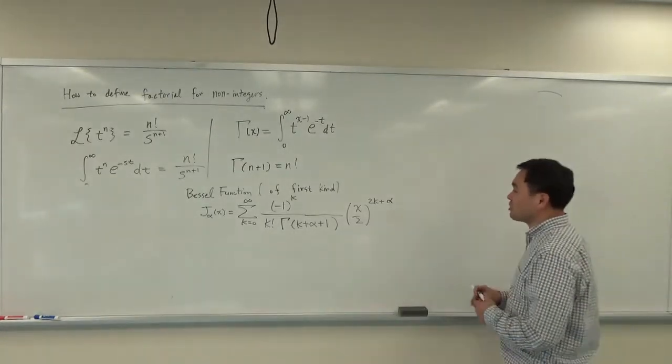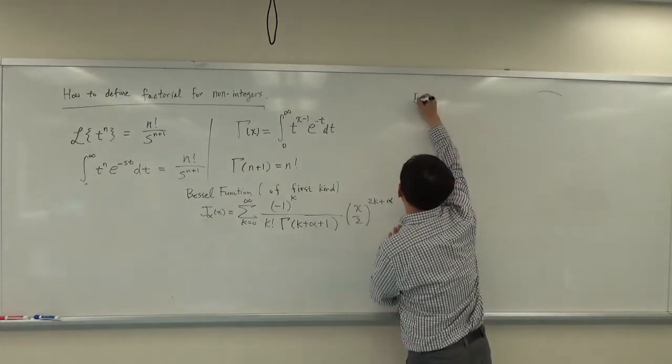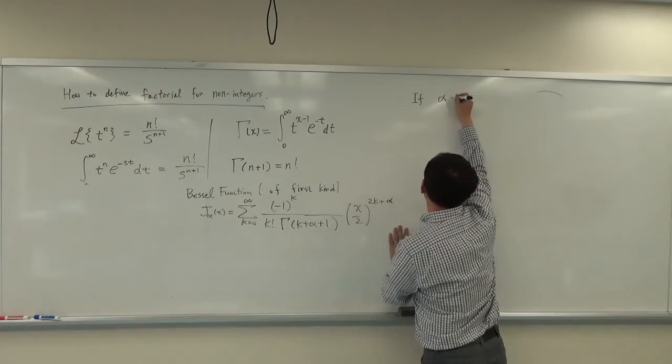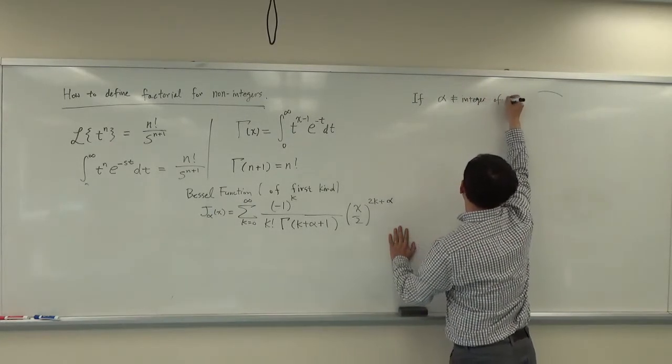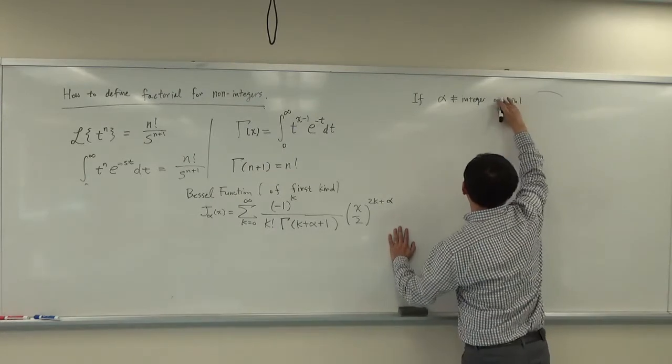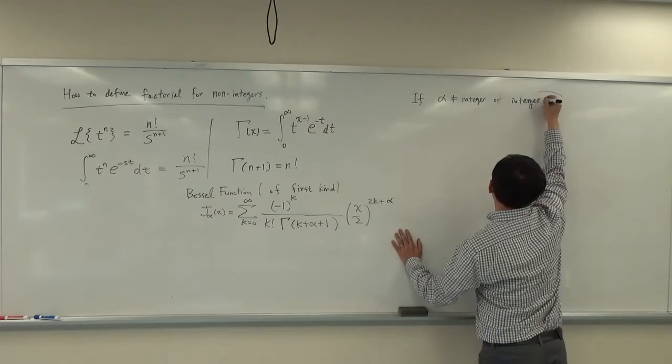So that's j alpha, and then if alpha is not an integer, or integer plus a half.